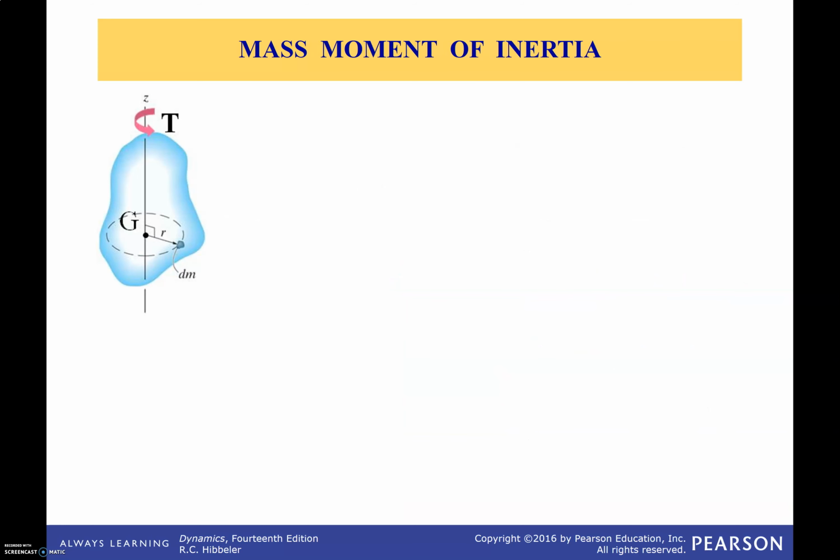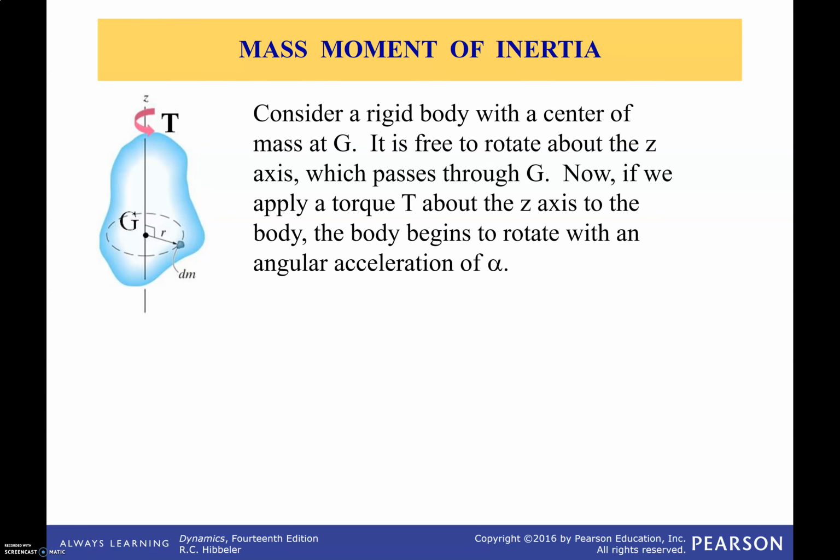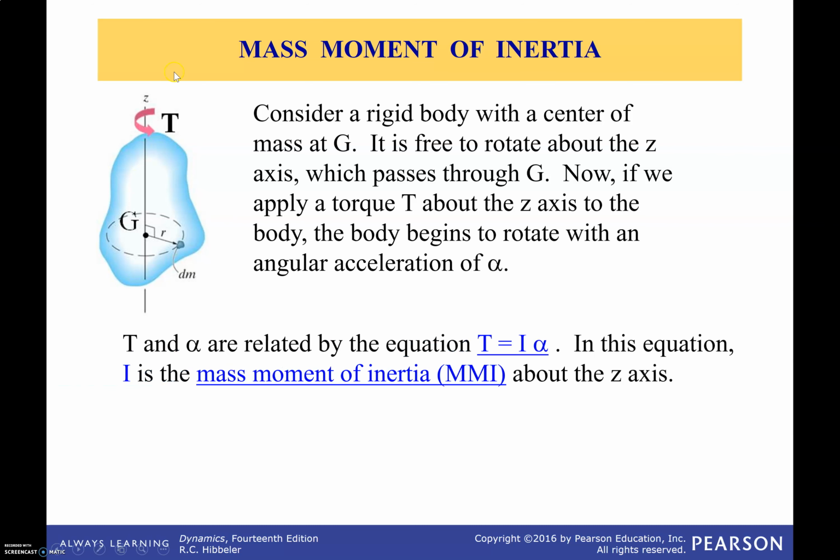So let's assume we have a rigid body, like here we have this blue potato, and we want to rotate this rigid body about this axis z. We want to be able to describe this using an equation similar to Newton's second law. This axis goes through the center of mass and is free to rotate.